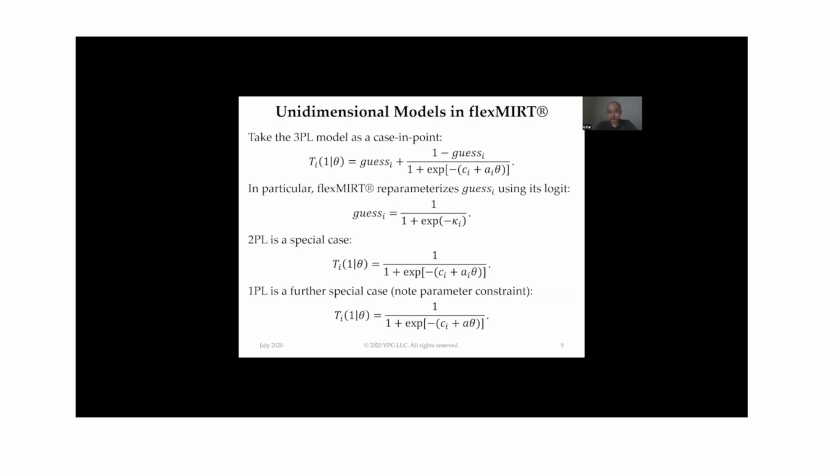But just keep in mind in general that the internal parameterization can be a little bit different if you're coming from an older generation of software programs like BILOG-MG and PARSCALE. Oh, and of course, 2PL and 1PL are just special cases here.